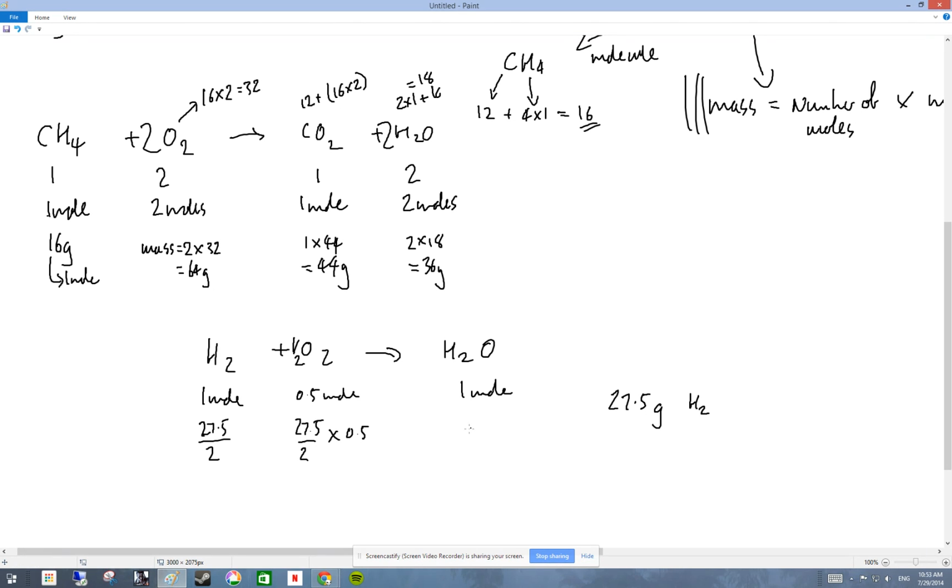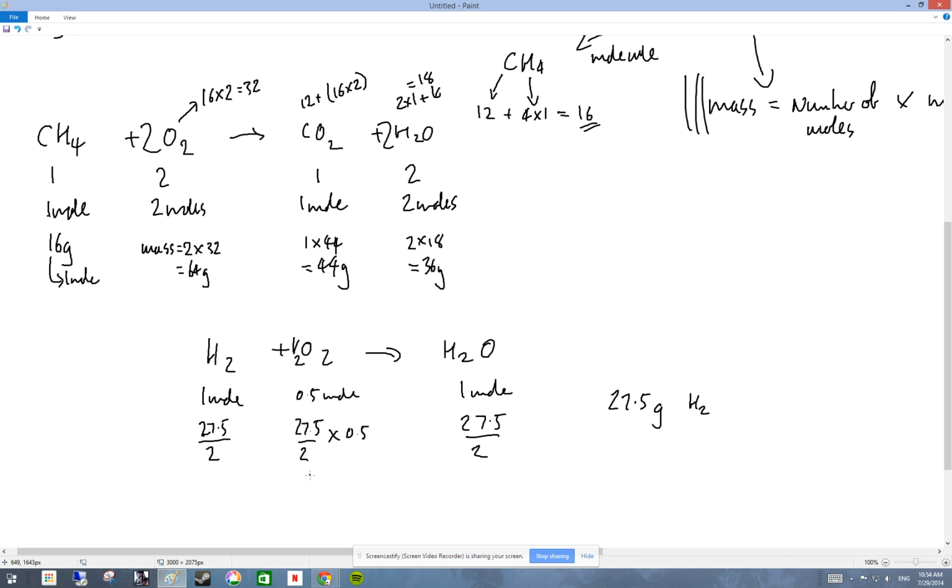To make the water, this is a 1-to-1 ratio. So if I've got that much hydrogen, I'm going to have exactly the same amount of water being produced. If I want to know the mass, this is just the number of moles. Remember, the mass is equal to the number of moles times the molar mass.